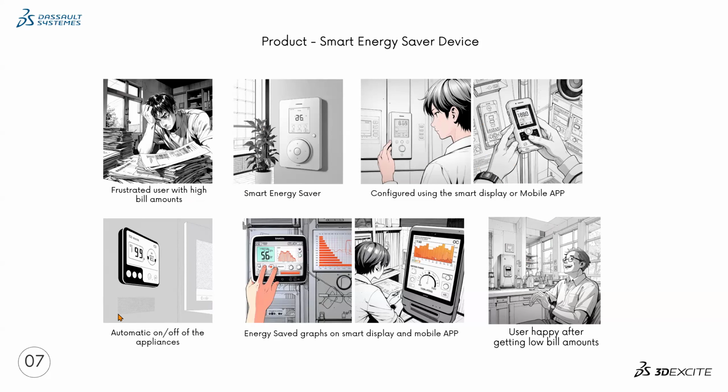What that particular solution will do is turn your appliances on and off automatically based on the timings you have set, or maybe your presence in the particular room. And then how is it going to help? It will also have your energy saved graphs on the smart display and also the mobile app. It will give you updates of how it has been working, how it has been optimizing, and that is what my product is going to do. And the last image is why it matters. It matters because you will be happy after getting low bill amounts. I think this one slide is pretty enough to make even a child understand what your product is about. It should be that simple.